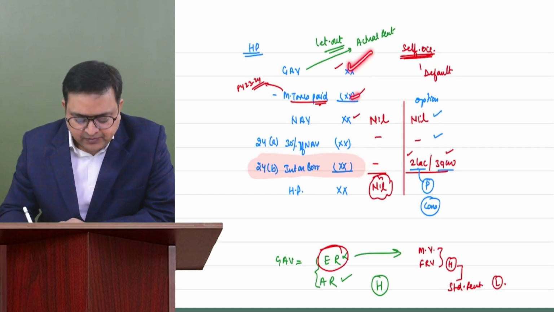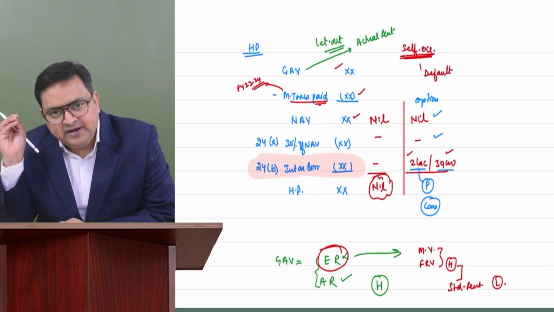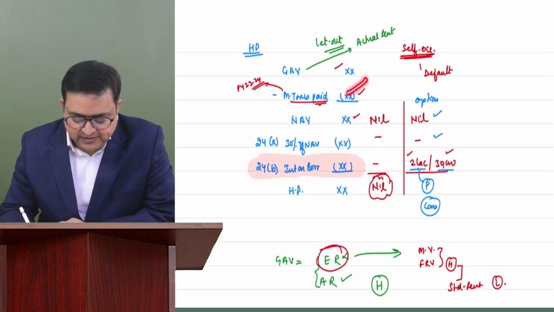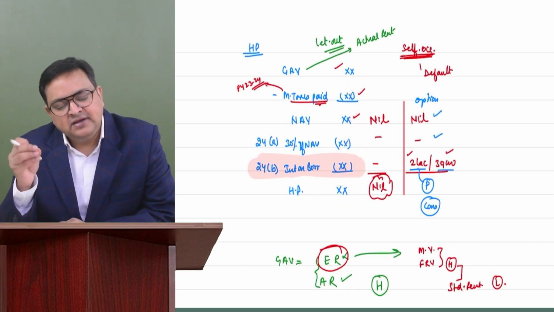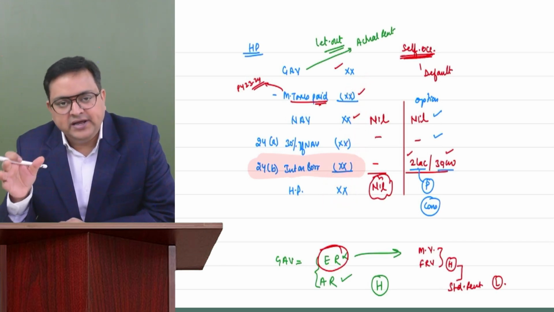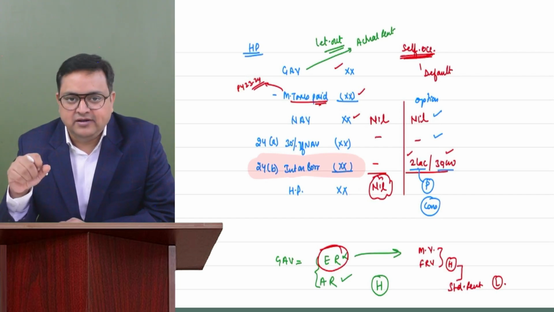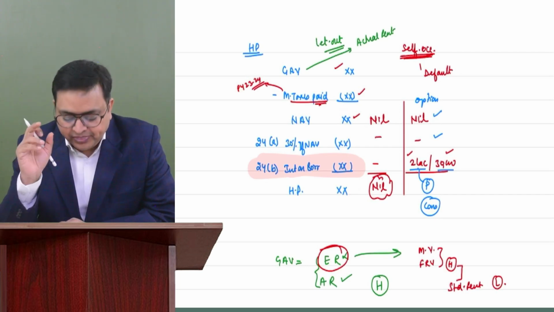Calculate GAV, municipal taxes paid. Even the municipal taxes paid outside India will be allowed. So municipal taxes paid, NAV, 24A, 24B. You will get the house property income in foreign currency. Just convert it to Indian rupees accordingly.